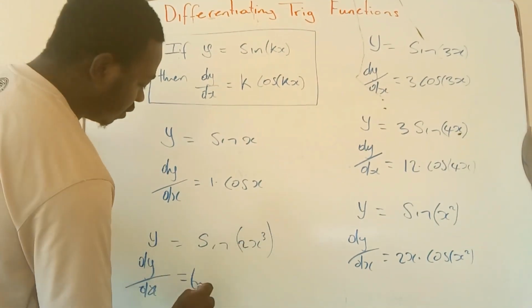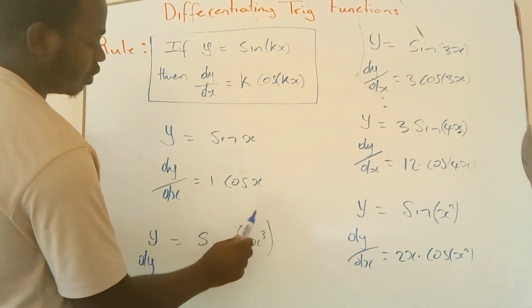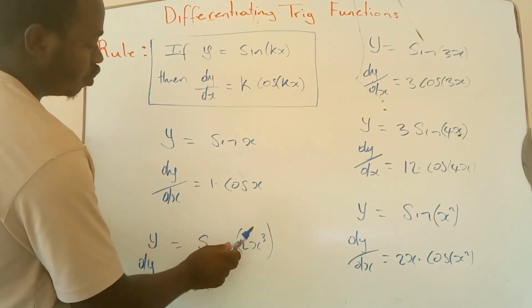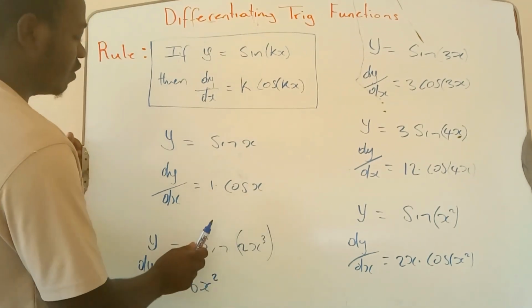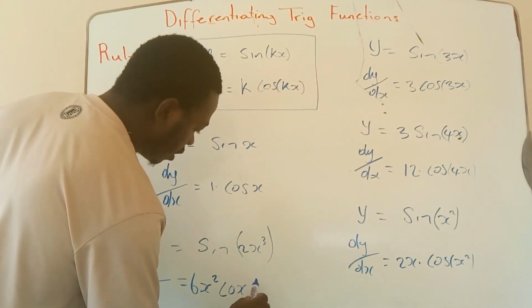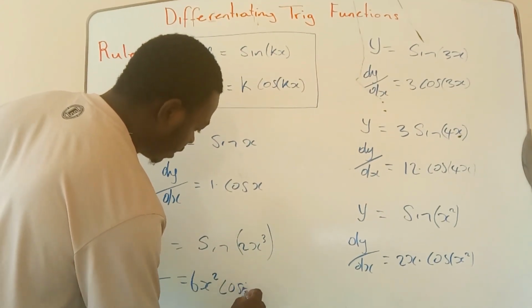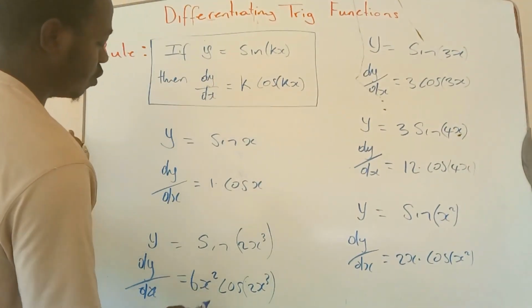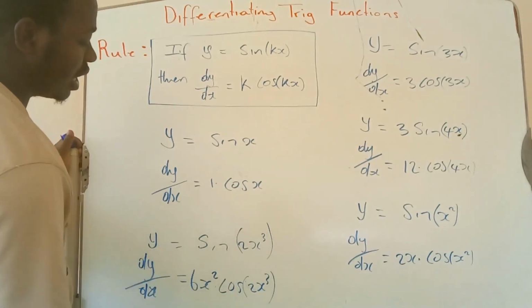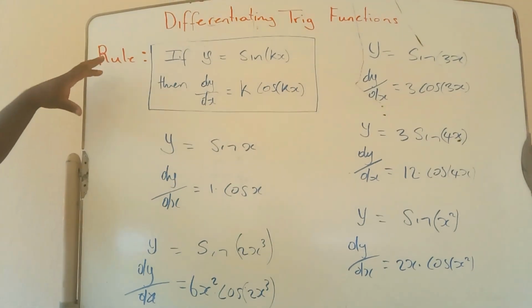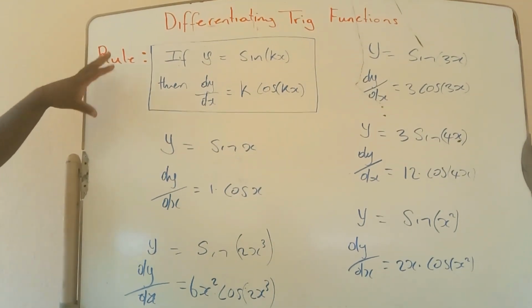Put back here x, subtract 1 from 3, that gives you 2. Then differentiate sine 2x cubed, that gives you cos 2x cubed. And that's it. Remember that these are multiplying each other. So that's how you would use the sine rule to differentiate a function, right?